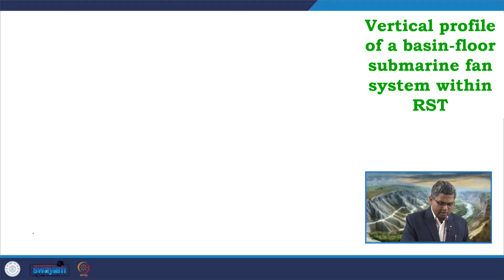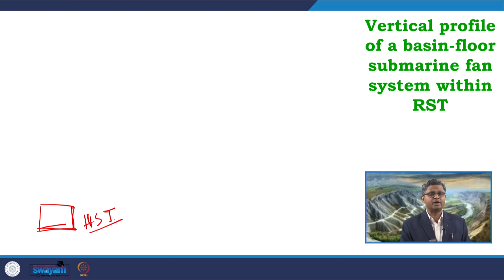If I want to understand this with a little more clarity, in the lower part, for example during the HST, we are getting a mud deposition which is basically the pelagic mud formed during the HST. This is not associated with any kind of gravity flow. So, this is part of pelagic mud.